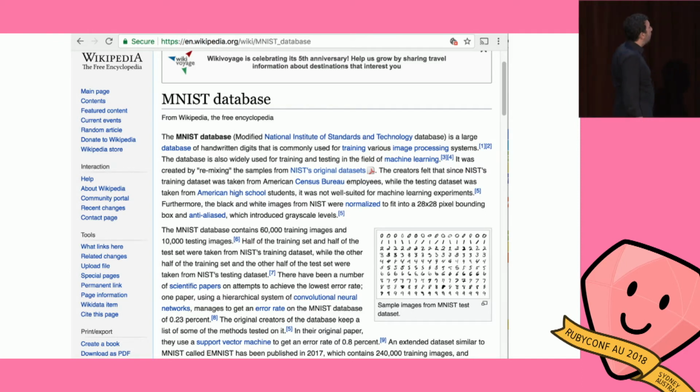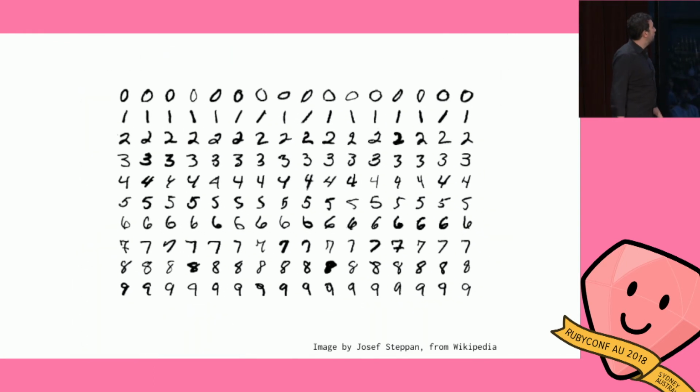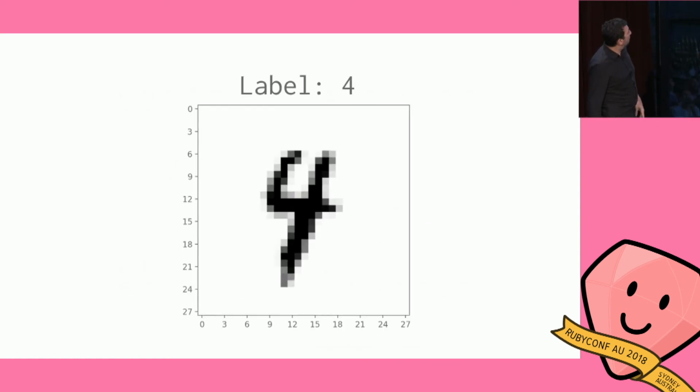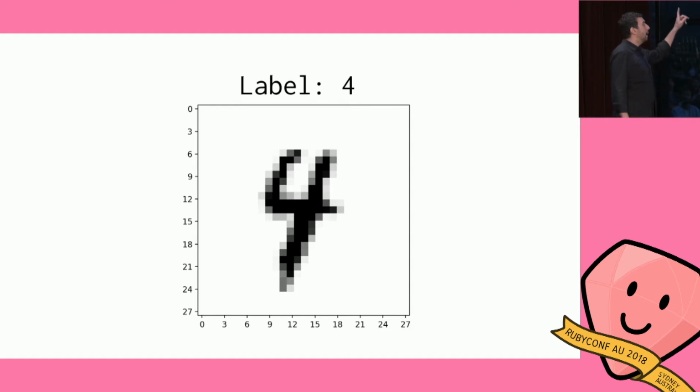It's 60,000 of these nice digits. Each one of them, let's zoom in, has been carefully centered, scaled to 28 by 28 grayscale 1-byte pixels, and labeled with the value of the digit. Okay? And then there are 10,000 more digits in a test set that I can use to actually find out whether my machine learning program is actually learning.